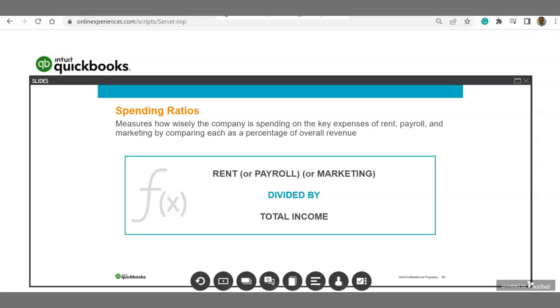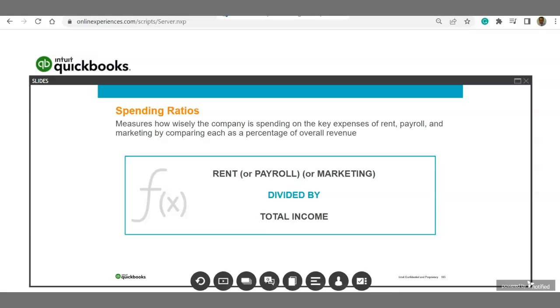And those are often rent, payroll, and marketing. Now, your client's business may have other ones that are particularly high, R&D or whatever it is, and you can go in and run these same ratios, but just use that expenditure instead. But just being very general, we're just going to look at some common ones.